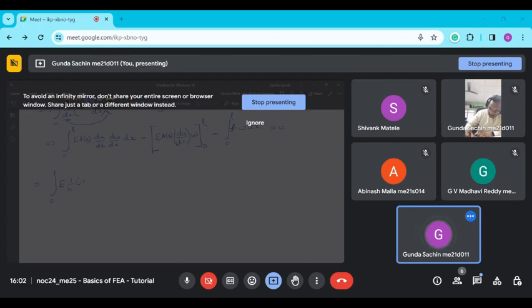So E times 1 by 4 (1 plus x) du by dx, where u is u1 times minus 1 by l plus u2 times 1 by l. This is the derivative, minus 1 by l u1 plus 1 by l u2.